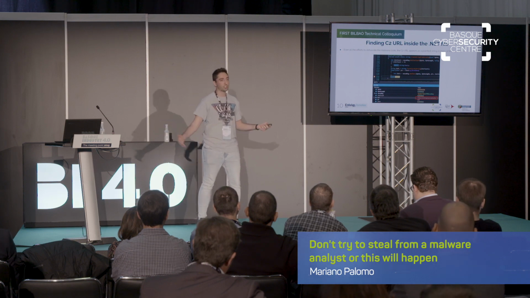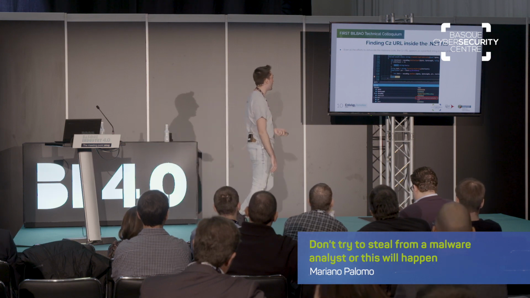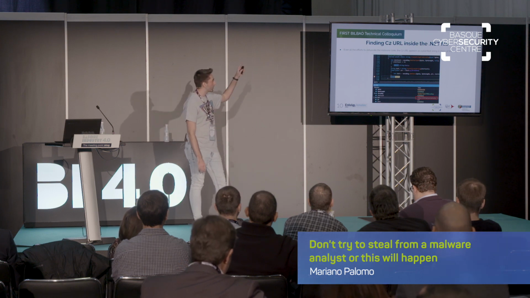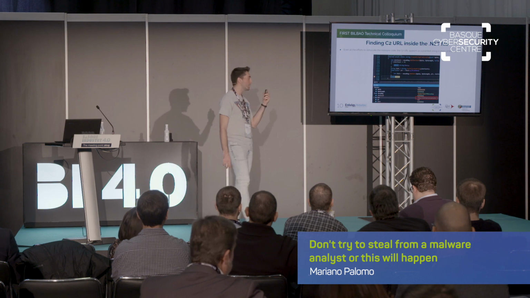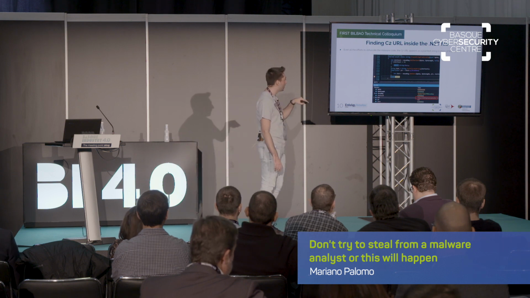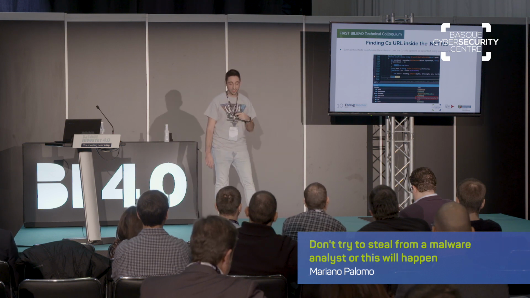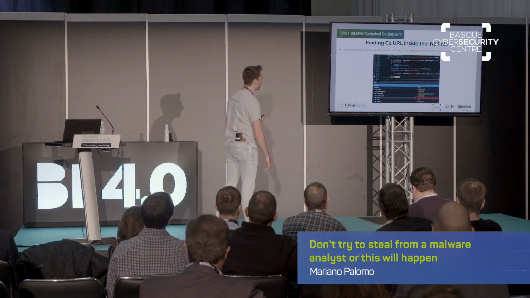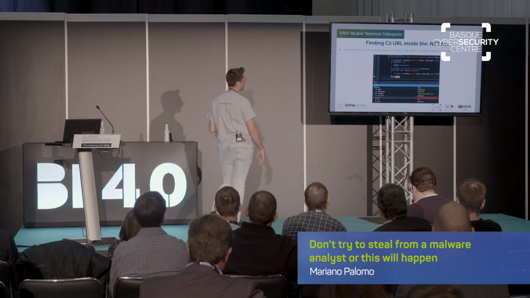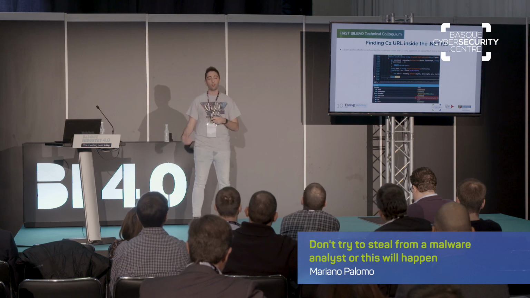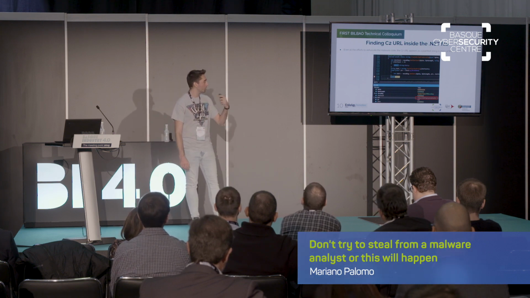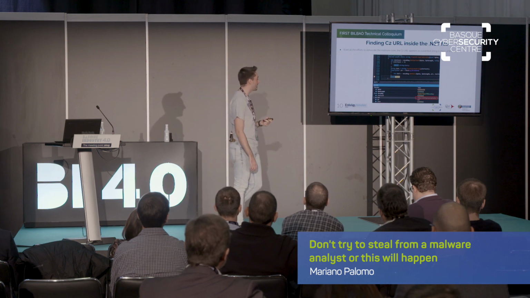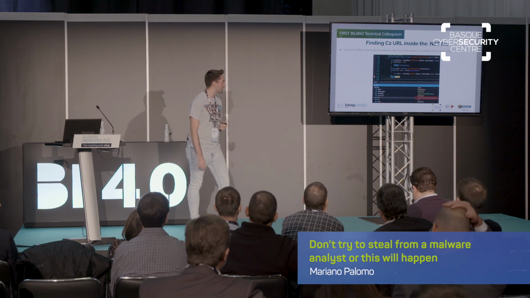But with patience, I figured out where it is, and I also found a section where I discovered that the panel URL, the C2 they use to exfiltrate the data, is in plain text. So even though they took a lot of effort to obfuscate their code, they just put the C2 URL in plain text.